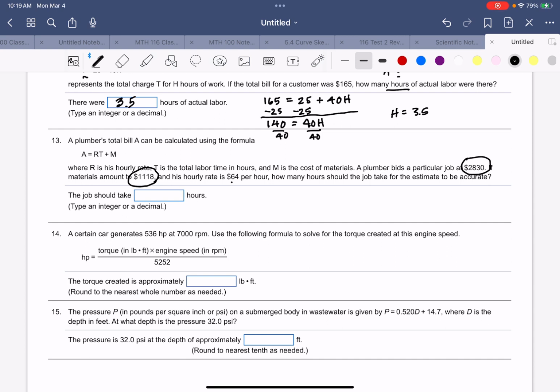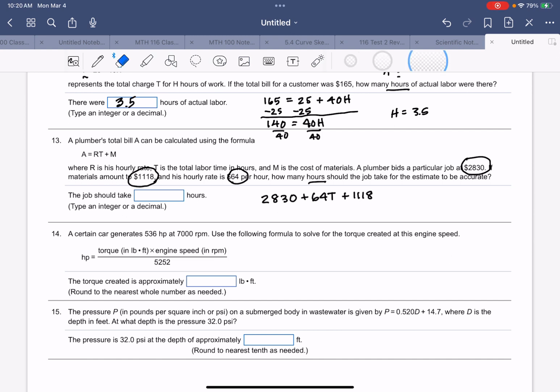And the rate is 64. How many hours are they expecting to do the job? So remember this time that A is the total bill. And R is the hourly rate, so that's 64. And T is what we don't know, the time this time, but we do know materials, 111.18.